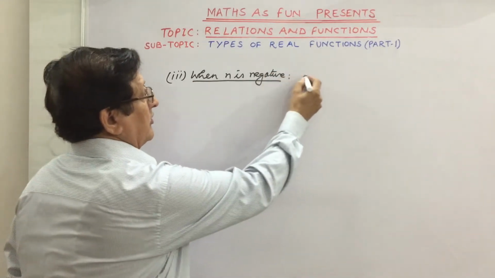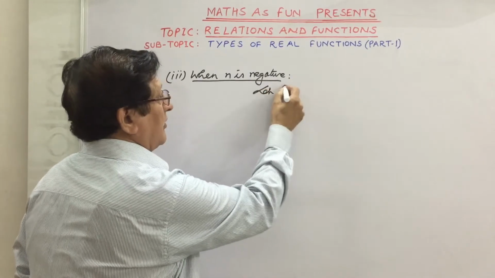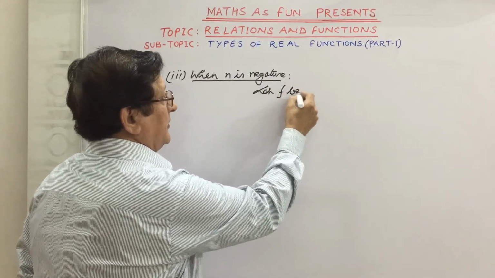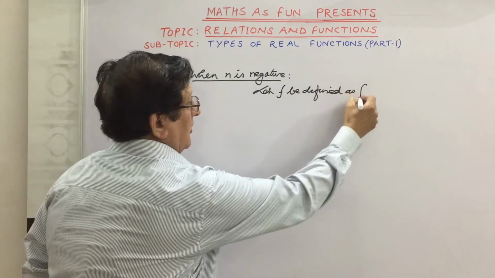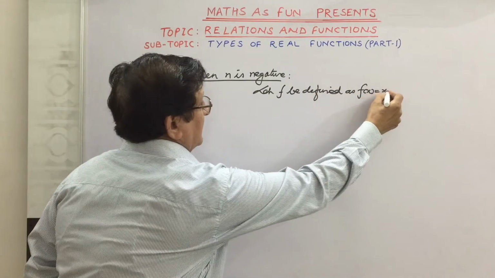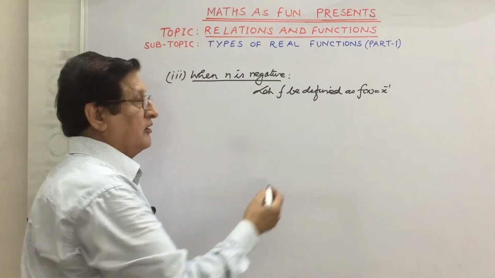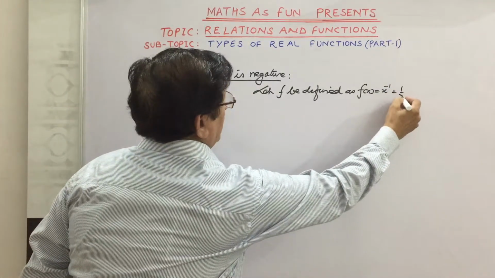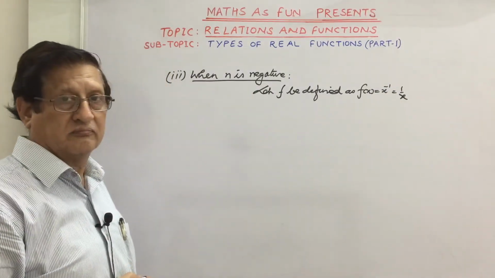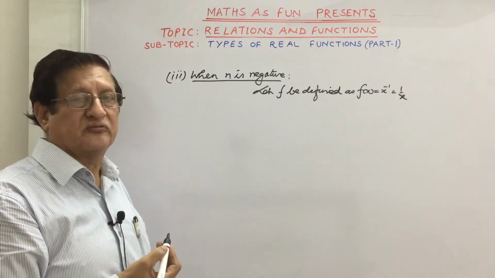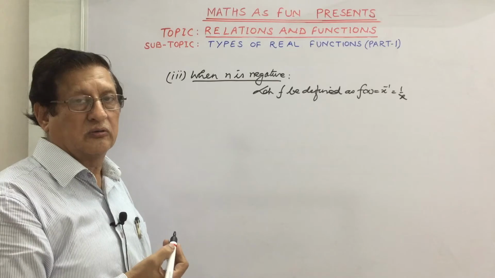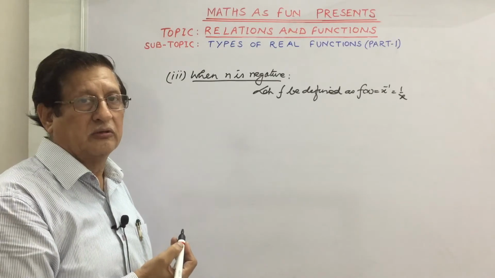We go for the third case. Let f be defined as f(x) = x^(-1), which can be taken as 1/x. Now, we have already learned how to find the points of this particular curve when we draw it.